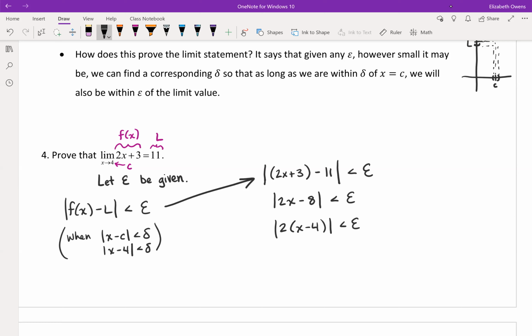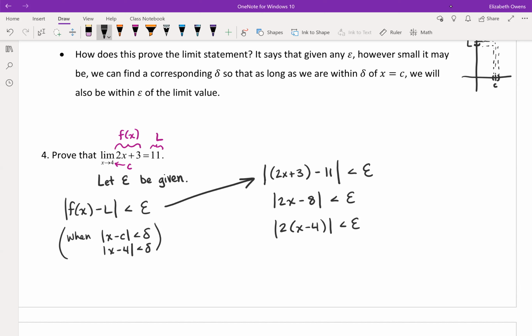And you might start seeing a little something here. Notice how x minus c is x minus 4. That's starting to show up, but it has this 2 still stuck inside there. We are looking to just have absolute value of x minus 4 by itself.